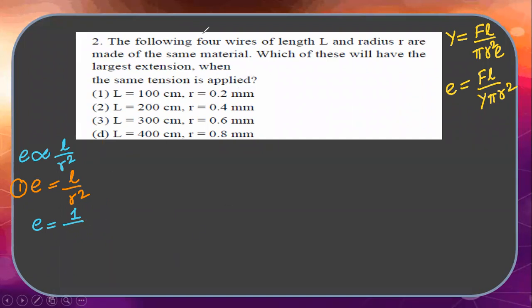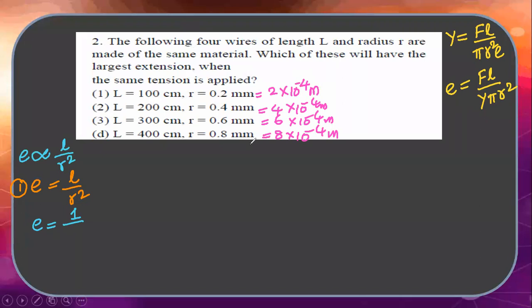The radius values are 2 into 10 power minus 4 meters, 4 into 10 power minus 4 meters, 6 into 10 power minus 4 meters, 8 into 10 power minus 4 meters. 10 power minus 4 is common in all of them.